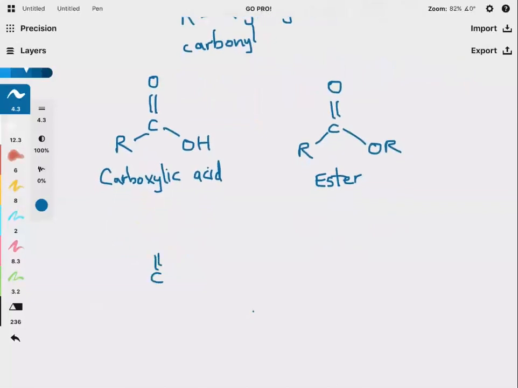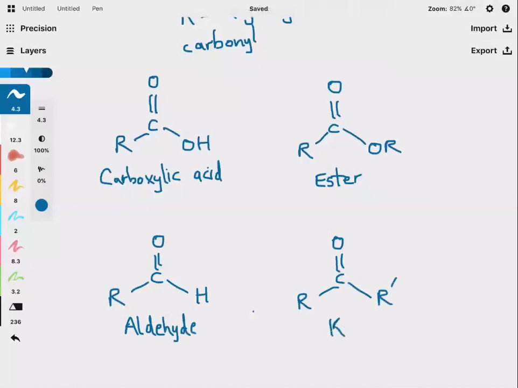If our carbonyl group was bonded simply to a hydrogen, we would call that an aldehyde. And if the carbonyl was bonded to two R's, so let's say R and R prime, we would call this a ketone.